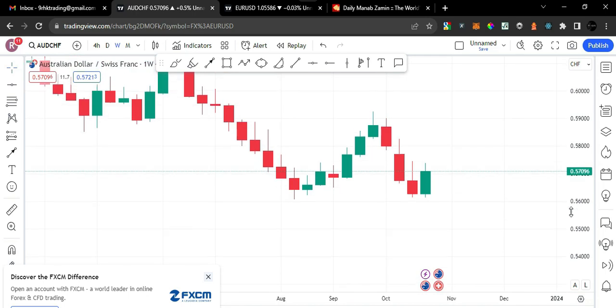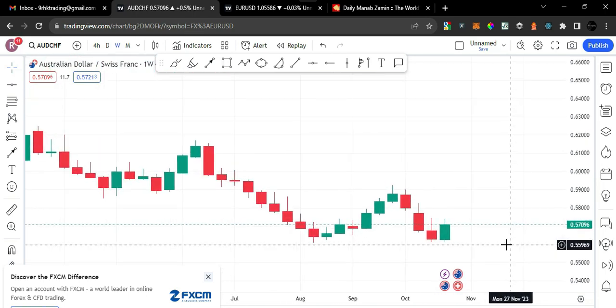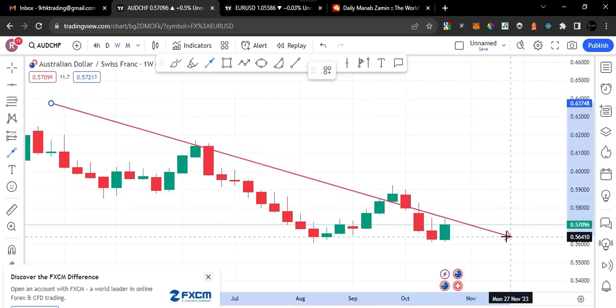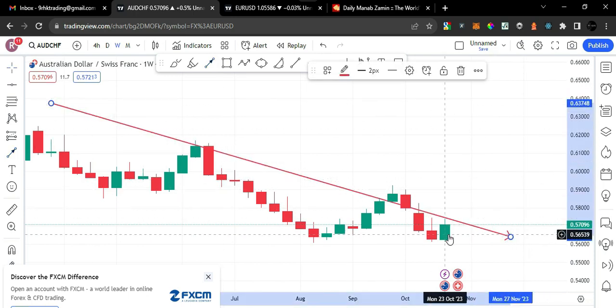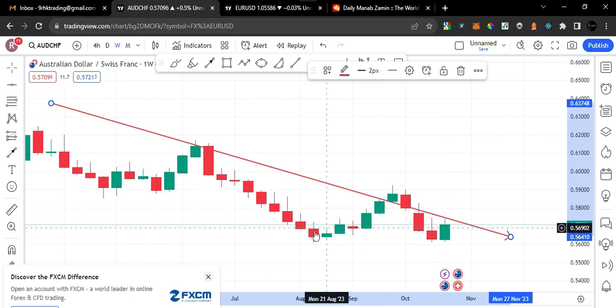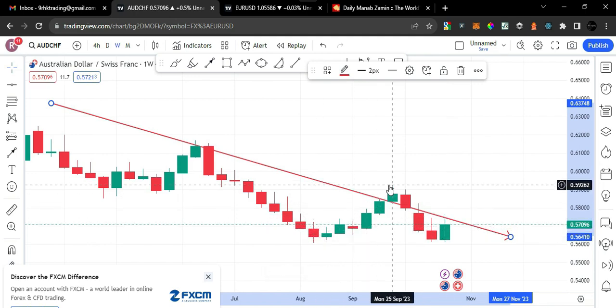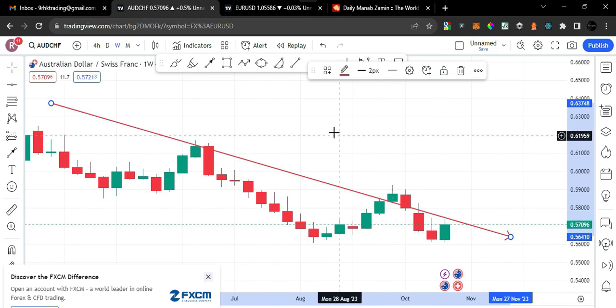As you know, in market structure we always try to find the trend, which is still a downtrend. Such a candle has appeared previously, and it tried to break the structure, but it failed.